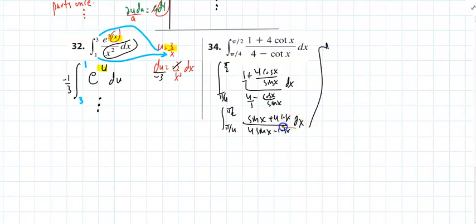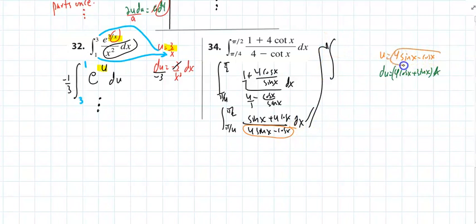And here I do notice, if I let u equal the denominator, guess what du is. Would you look at that? This is going to become the integral.